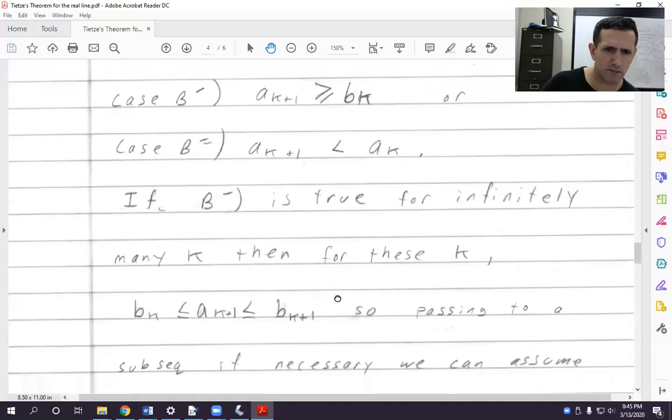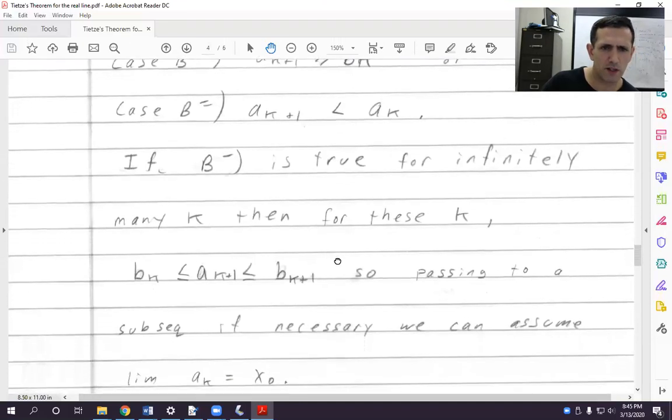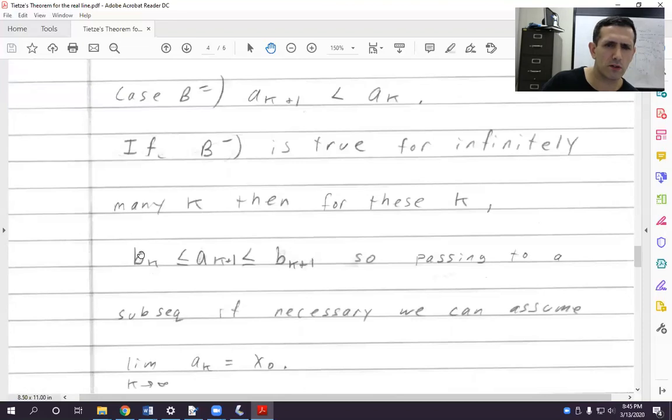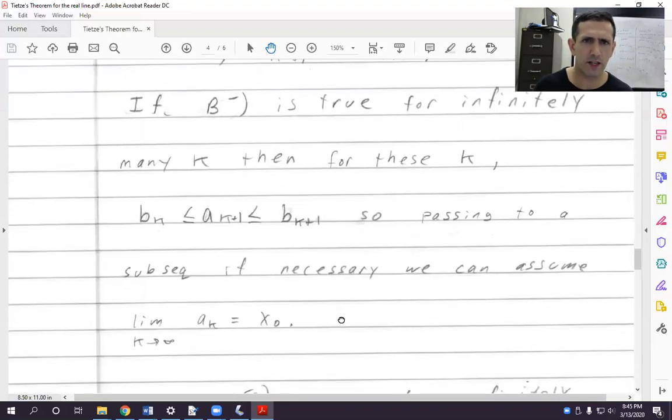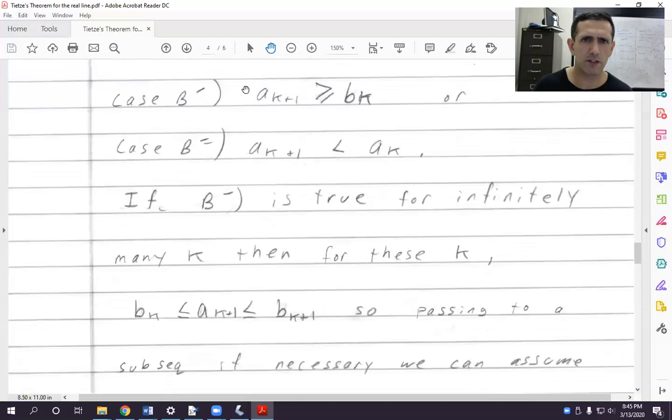So by the squeeze theorem, well, we proved that bk converges to x0. bk plus 1 converges to x0. So that means for all these k's, we can form a subsequence where by the squeeze theorem, that subsequence converges to x0. Okay, so that takes care of this case here.